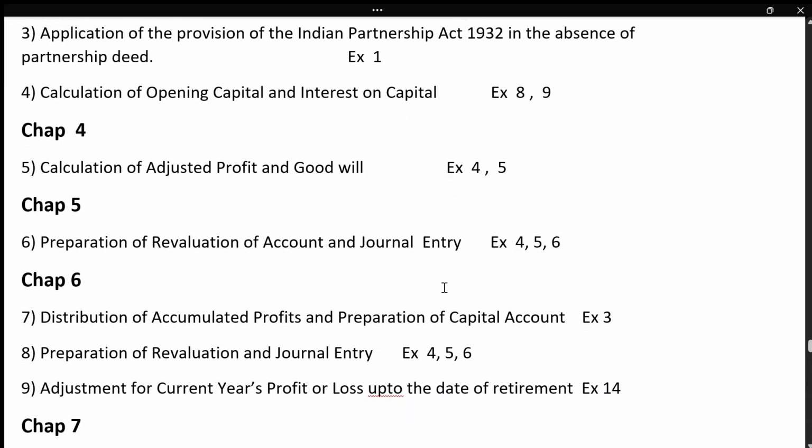Then in goodwill sums 4 and 5 you have to adjust the profit. Abnormal loss you have to adjust, and non-recurring income you have to adjust. If closing stock is given, that you have to adjust. So these sums may be expected in 3 marks and also in 5 marks.